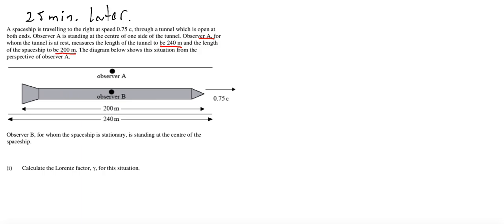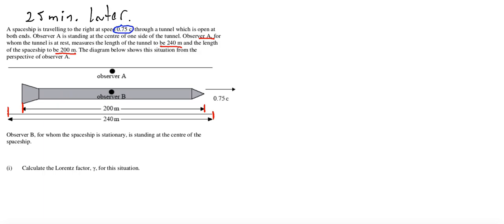The diagram below shows this situation from the perspective of observer A. And we know that this spaceship travels with a speed of 0.75 c.